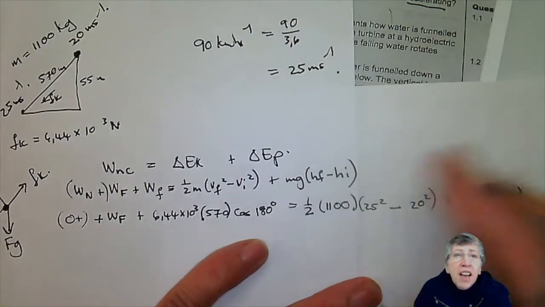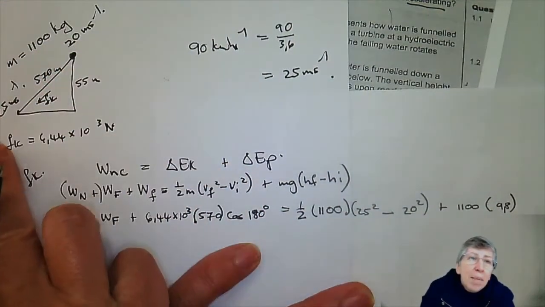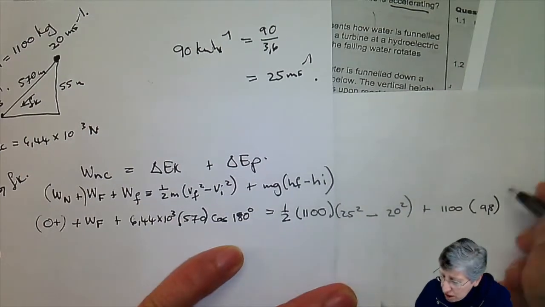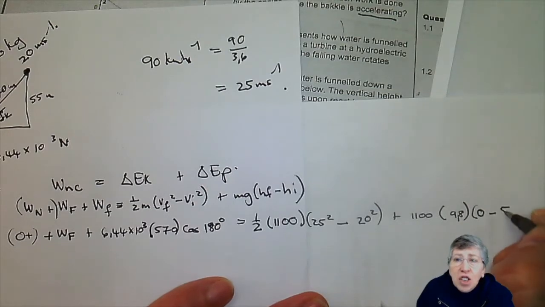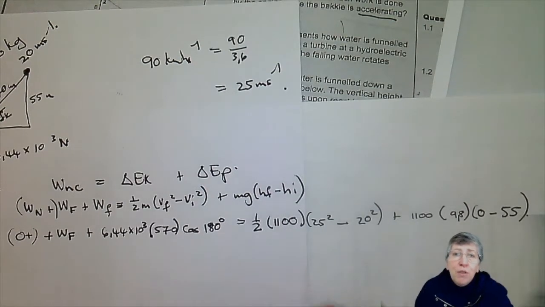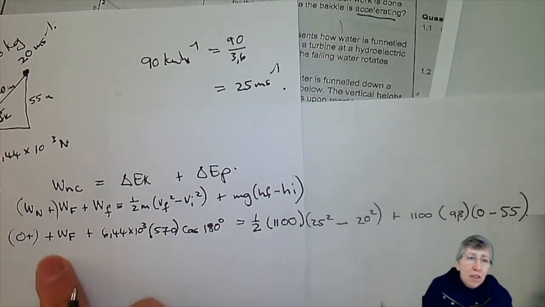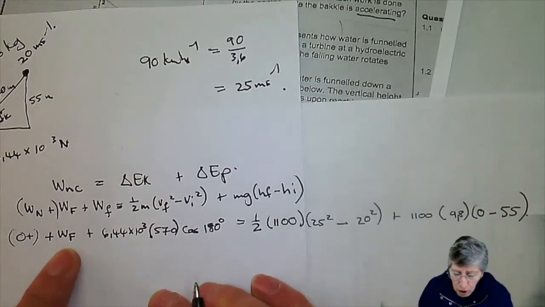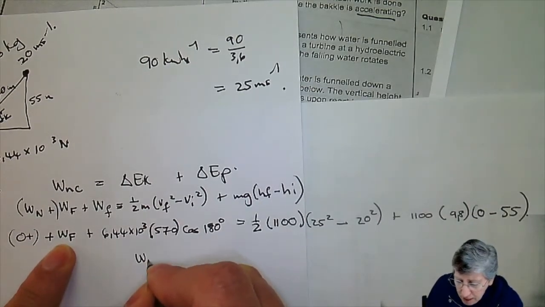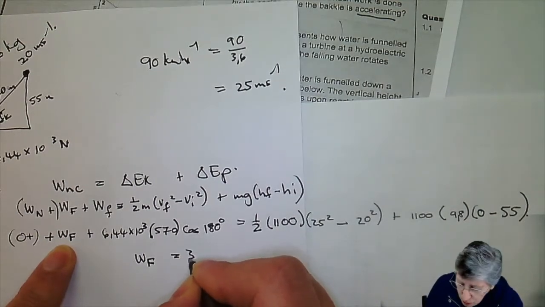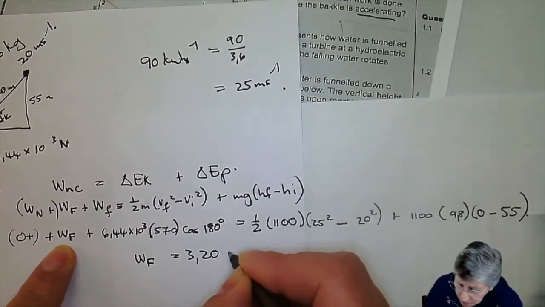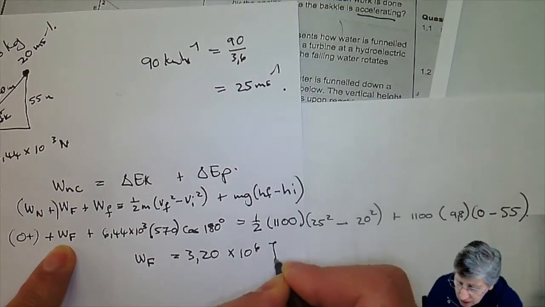Final height: now it's ending up at the bottom, so don't go switching it around. This final height is now 0 and the initial height was 55. So there you've got everything, and you just need to solve for the work done by that engine, that applied force. And if you work that out, I hope you get 3,20 times 10 to the 6 joule.